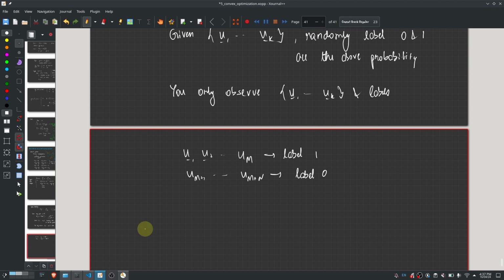Let's call this a configuration C. The probability of observing the configuration C, given that the points are u1 to um plus n, is just the product of the probabilities of each of them being labeled in that particular way.